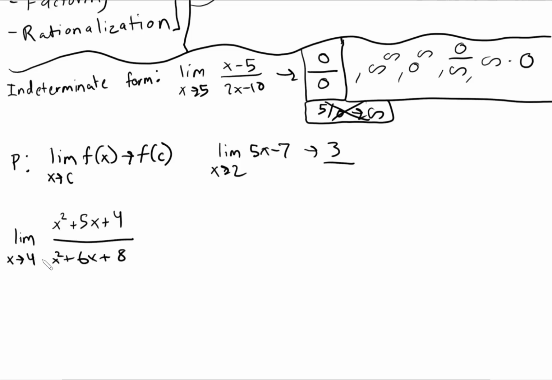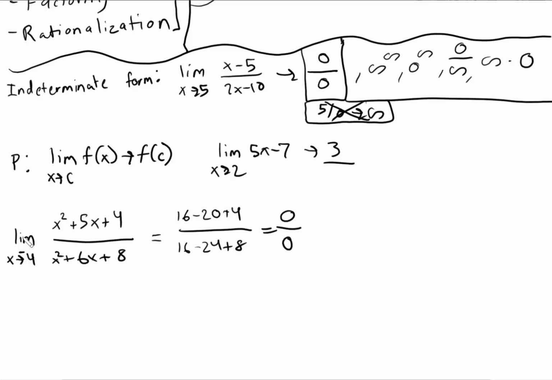Let's try plugging this in. Negative 4 squared is going to be equal to 16, and then minus 20 plus 4 over 16, then minus 24 plus 8. If you do the math, you're going to get 0 over 0, which is indeterminate. So this does not give us a specific value. How do we solve something like this?